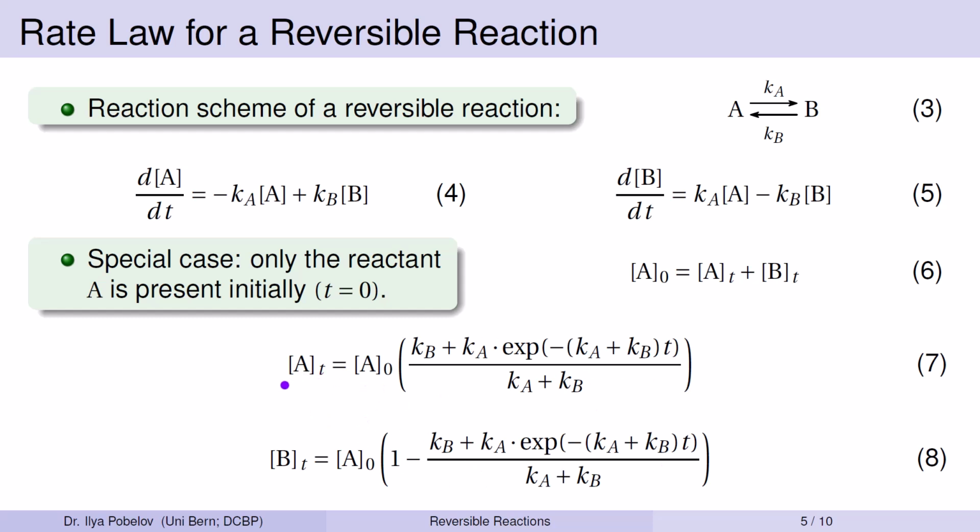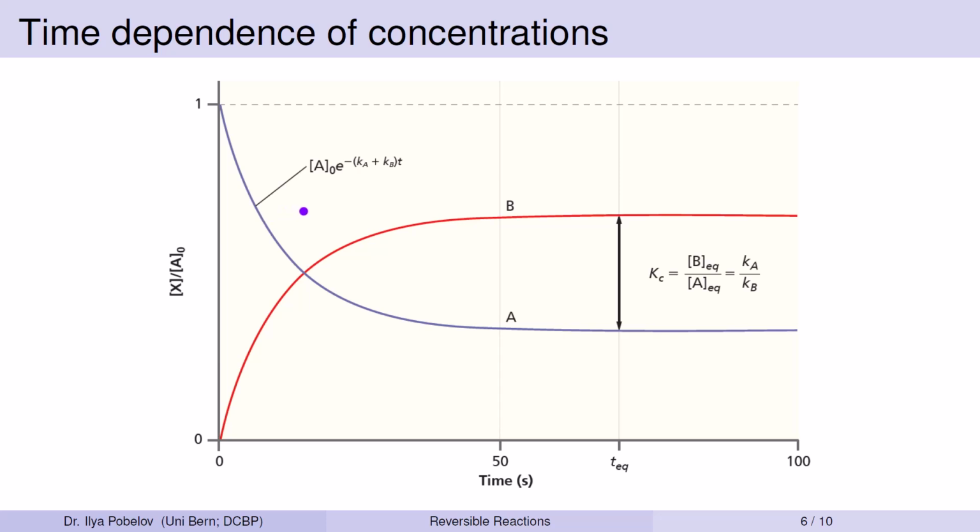They show how the concentrations of A and B change over time in a system where initially only A is present when a reversible reaction takes place. This figure shows the time-dependent behavior of reactants and products concentration as predicted by the equations.